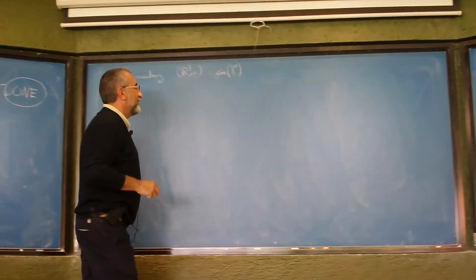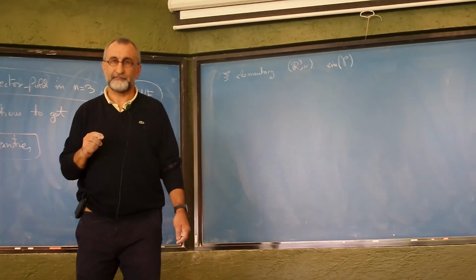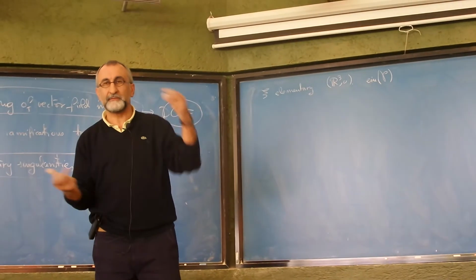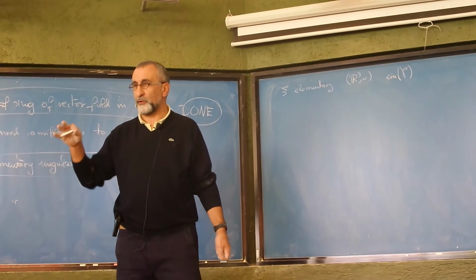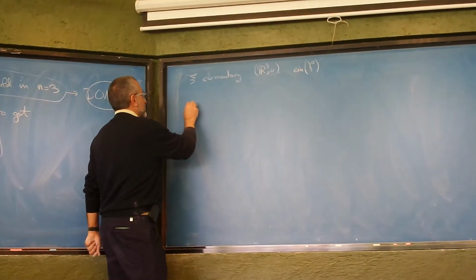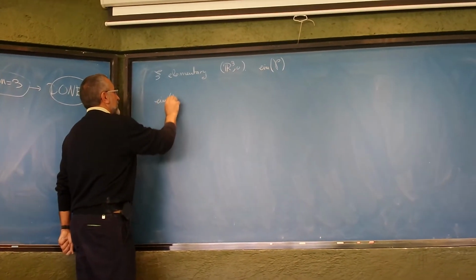So there is an eigenvalue associated to gamma, and this eigenvalue, this direction, may be strong or weak.